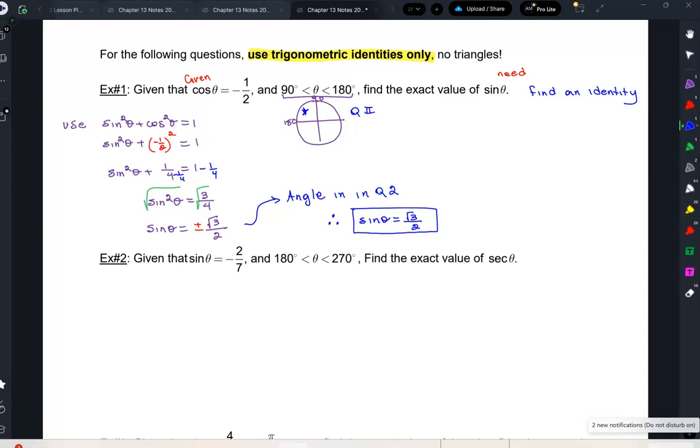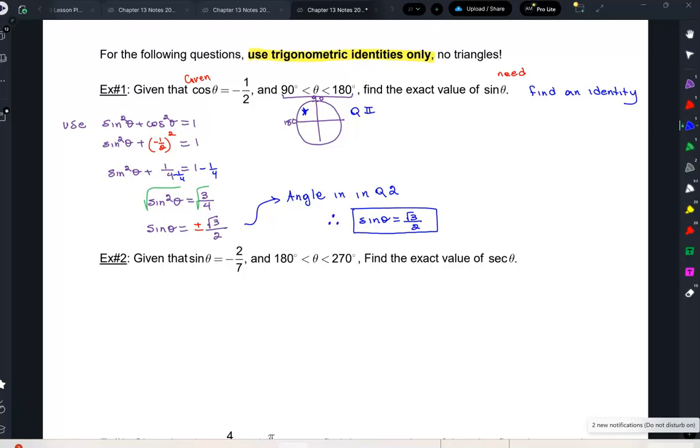Right. So, this is the process. We could have, yes, done this using triangles. But again, it's not about the final answer, it's about the process. And here we're learning using identities, right? We don't care what the final answer is. We care about learning the process, right?